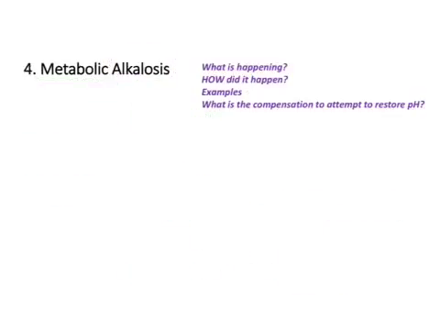Our last condition is metabolic alkalosis. So, not enough of these. One of the things we can see when we look at examples, something that might be easy to remember, is excessive vomiting, which they call loss of gastric juices. So we're getting rid of all that gastric juice and all that acid.